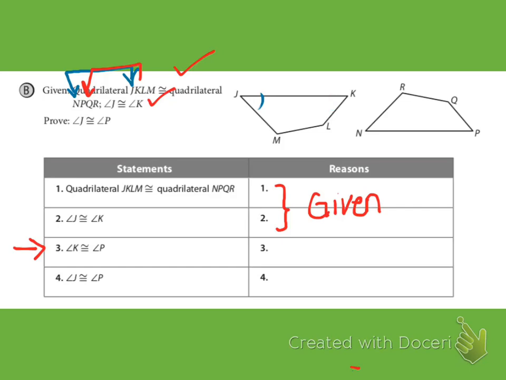K is already marked like this, so I'm going to mark it again like that. And P are congruent. The reason why is those are the matching parts of the two congruent figures. So that's the CPCFC property. Corresponding parts of congruent figures are congruent.